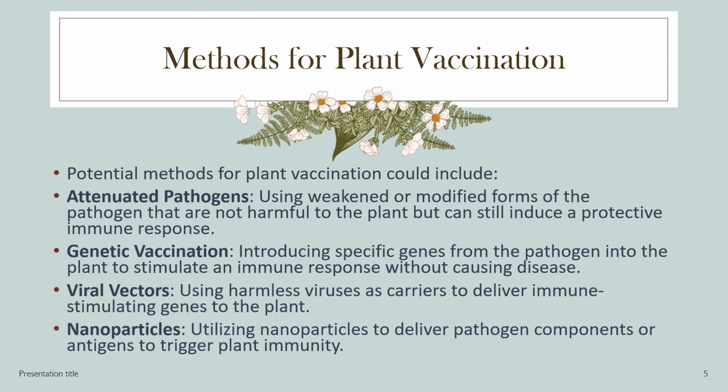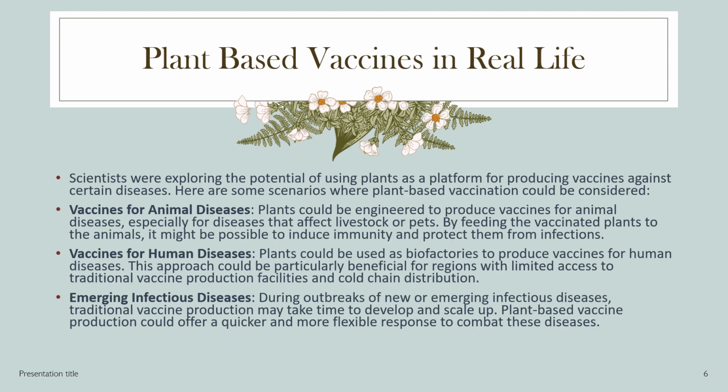The third would be viral vectors, which are harmless viruses used as carriers to deliver immune-stimulating genes to the plant. And the fourth would be nanoparticles, which is using nanoparticles to deliver pathogenic components to trigger the plant's immunity.